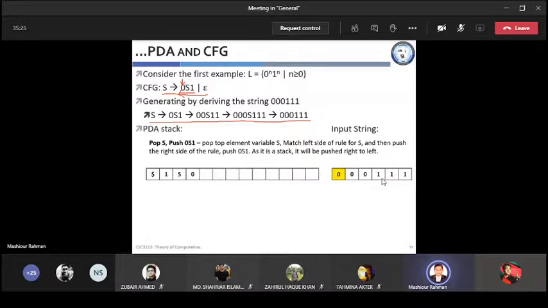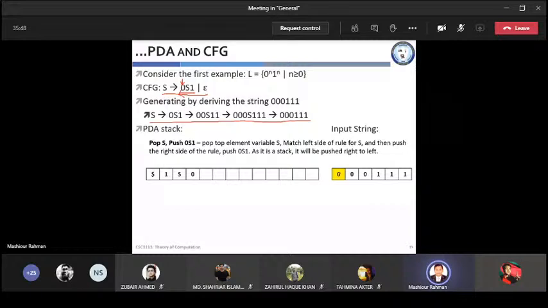We want the first one, that is the leftmost symbol, to be at the top, because remember, we require a leftmost derivation. That means the left sided symbols will work first. So that's why we are pushing it in reverse order. Instead of pushing 0S1, we are pushing 1S0. So the 0 is at the top.